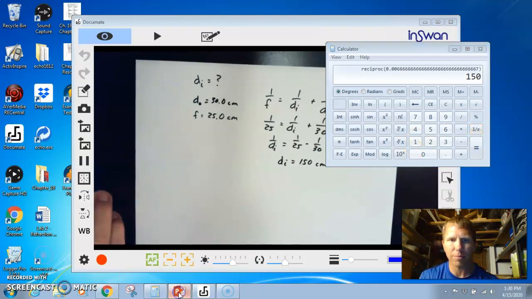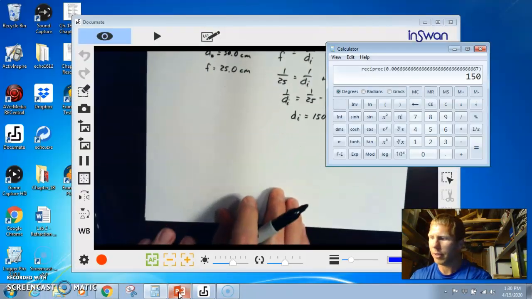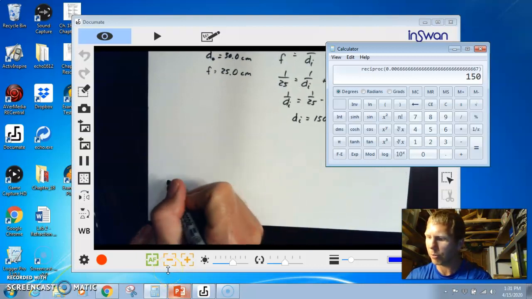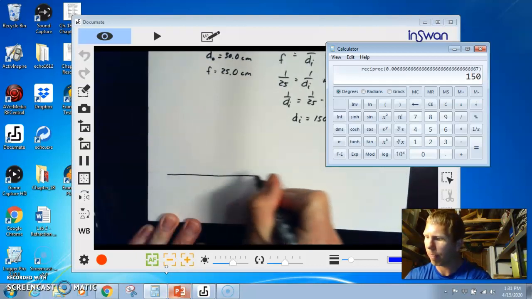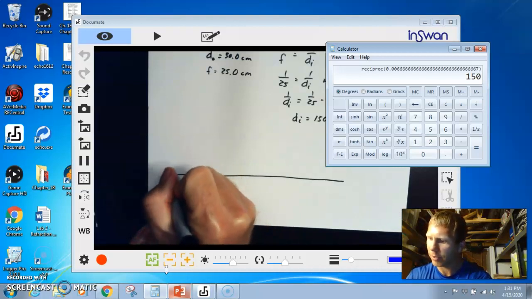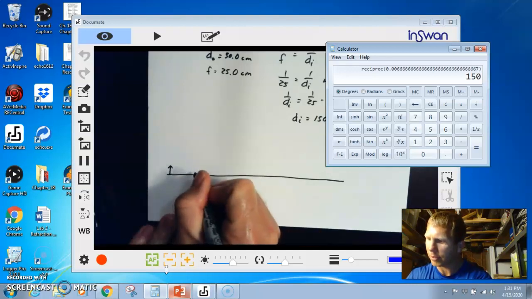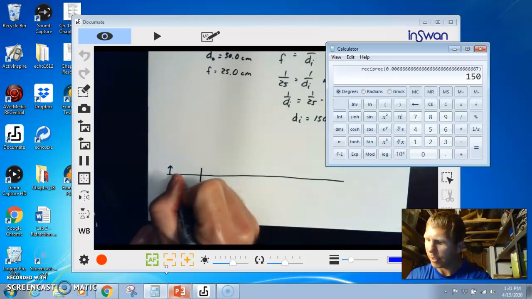Alright, so go back to our problem here. Let's draw a ray diagram of this situation. In this case, I'm going to start way over here. Here's my principal axis, and we put our object over here, and that is 30 centimeters away. We're just going to estimate it to be there, and then here is our focal point right there.